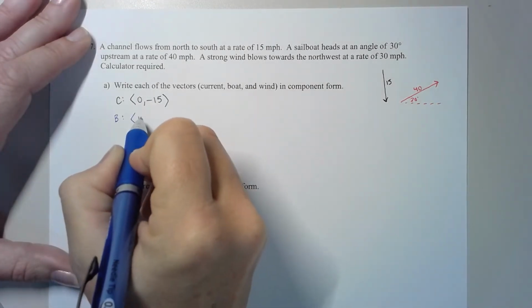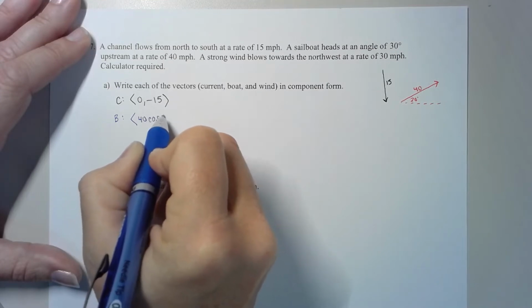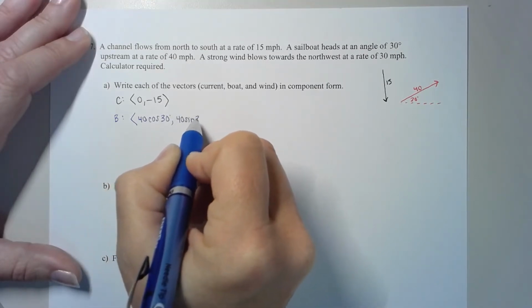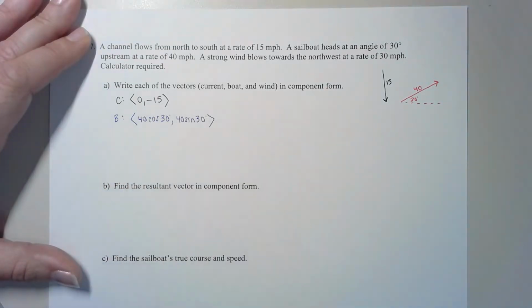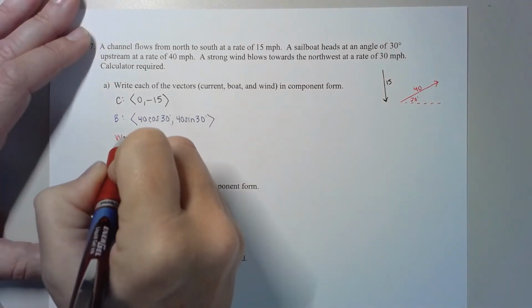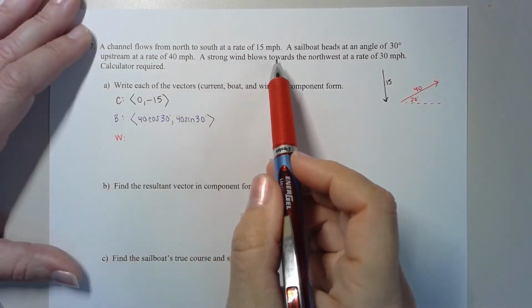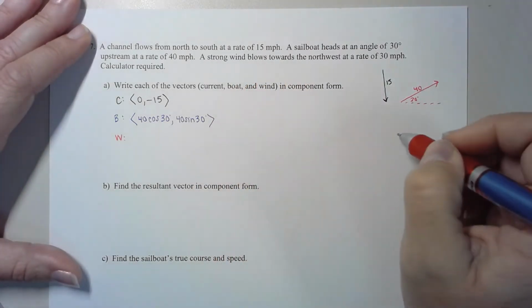And so we've got our magnitude times the cosine of 30 degrees, magnitude times the sine of 30 degrees. I'll change that into decimals here in just a moment. And then we've got the wind. Excuse me. A strong wind blows towards the northwest.